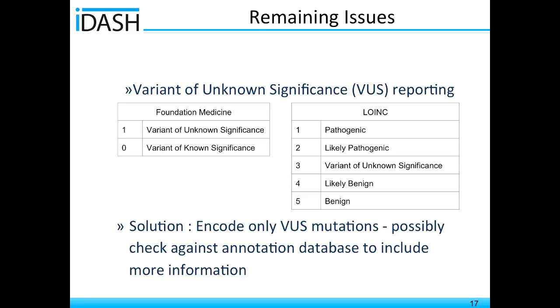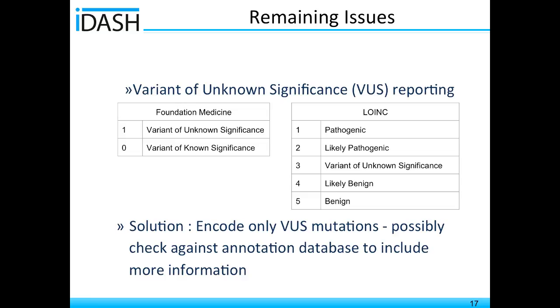And lastly, there's the issue of reporting the variant of unknown significance, where in Foundation Medicine, they report this as a binary true or false, where they just signify 1 for unknown, 0 for known, while the Wnt structure that HL7 developed is actually more of a general clinical significance from pathogenic to benign.